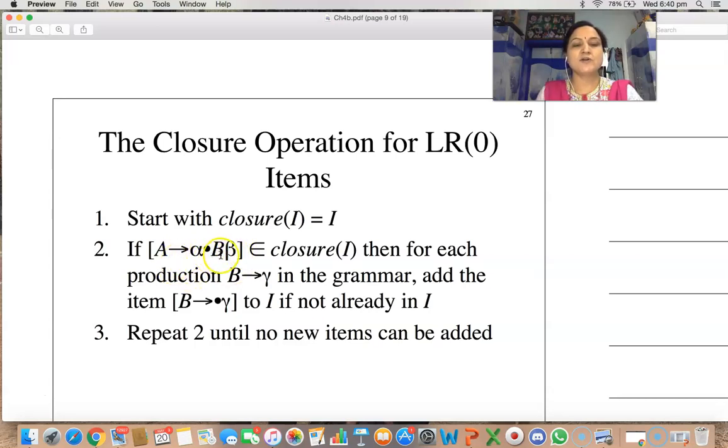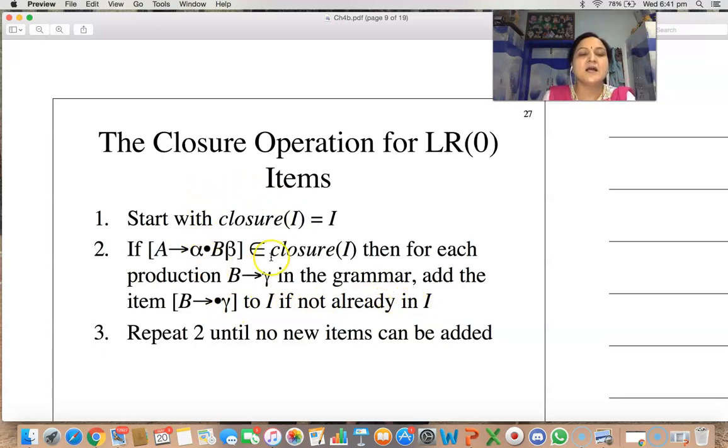A tends to alpha dot B beta means alpha symbols are read by the parser, and after the dot there is a non-terminal. Beta means any other grammar symbols. If this type of production belongs to closure of I, then for each production B tends to gamma, meaning B has another production in the grammar, B tends to gamma, we have to add the item B tends to dot gamma to I, if not already in I.